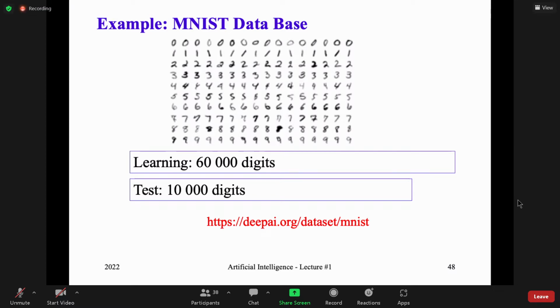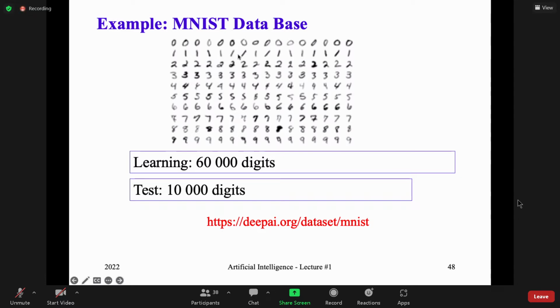This database is public, so we can use it ourselves. If you search for MNIST database on Google, you will find it directly. It looks like this because, as you can see, it's 0 and 1 here, similar to handwritten American digits.